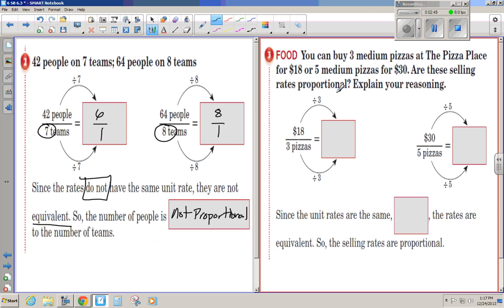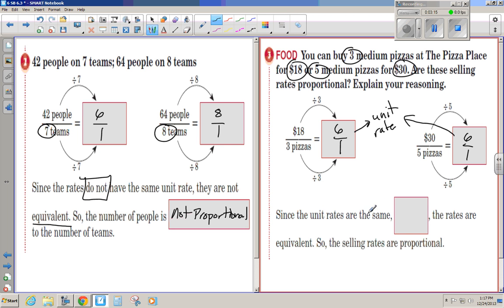All right, here's another example. 3 medium pizzas for $18 or 5 for $30. So here we're going to divide by the denominator and get 6 over 1. That is a unit rate. Here we're going to divide by 5 and get 6 over 1, which is a unit rate.